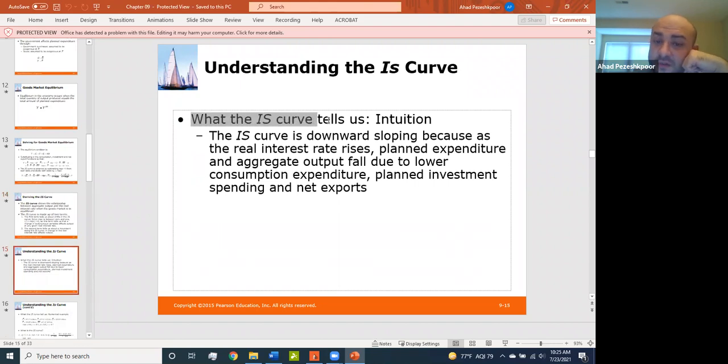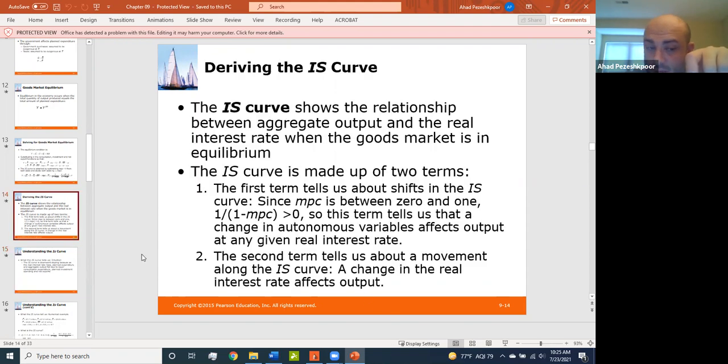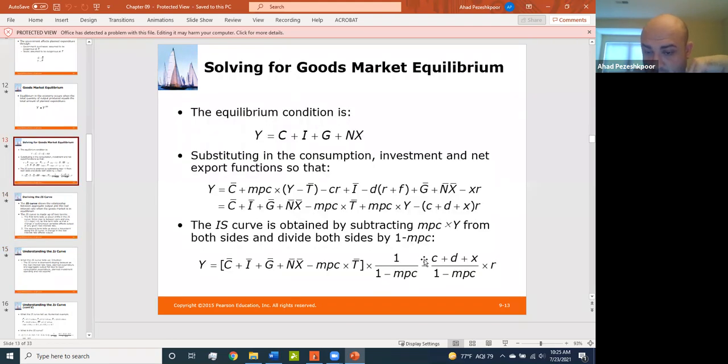What the IS curve tells us is that it is always downward sloping because of this part. This will be positive, 1 minus MPC, remember, a positive number. The denominator will also be positive. Three numbers are summed together.